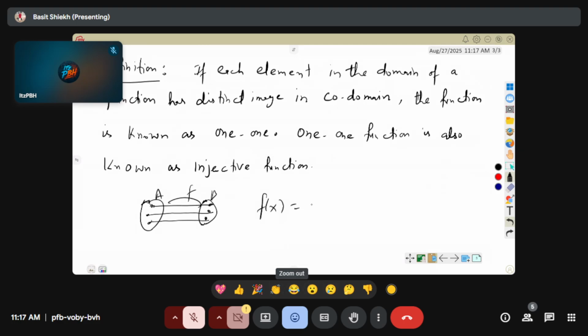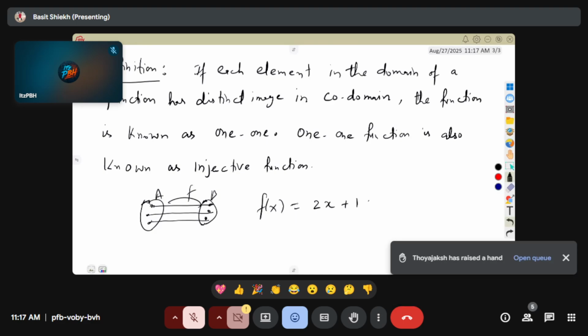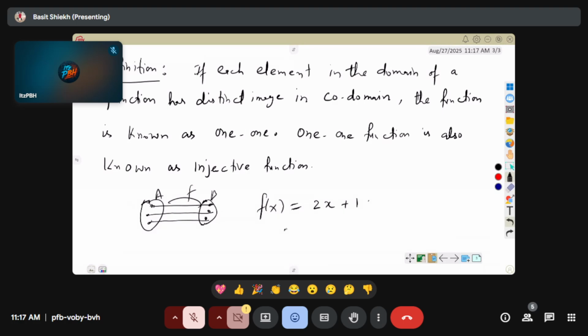Consider this function f of x equals 2x plus 1. Now we want to check if this function is one-one or not. We will take x1, x2 which are not equal, let's say 1 and 2.